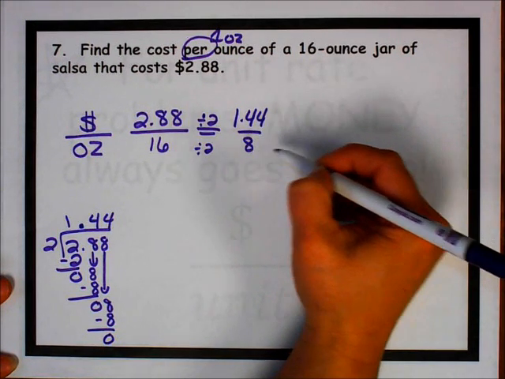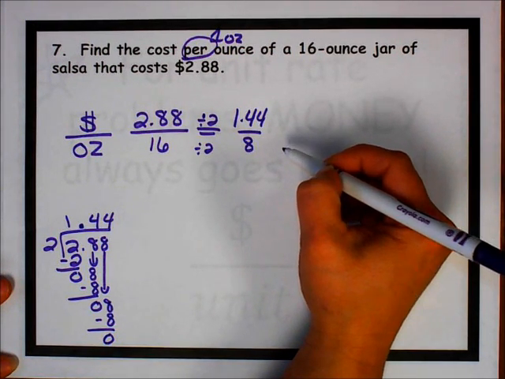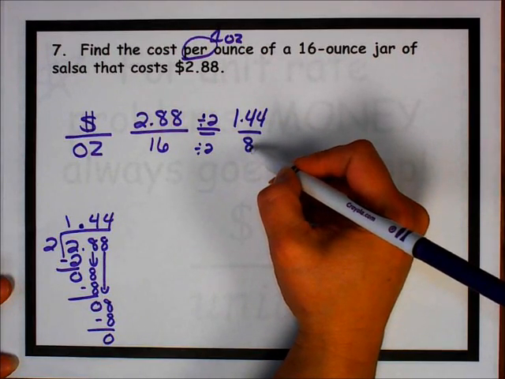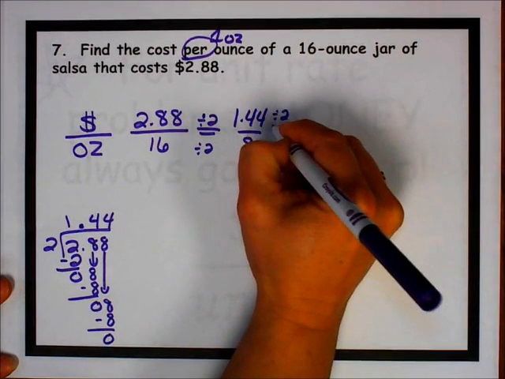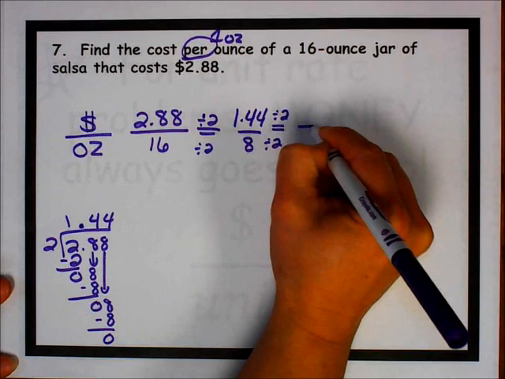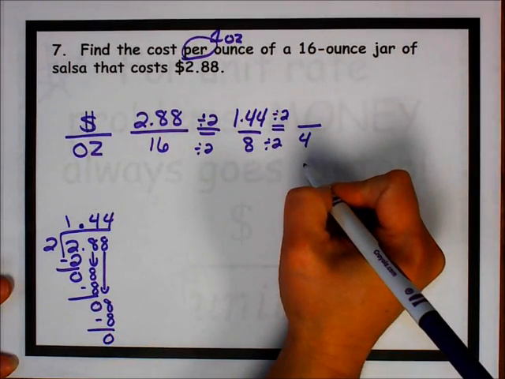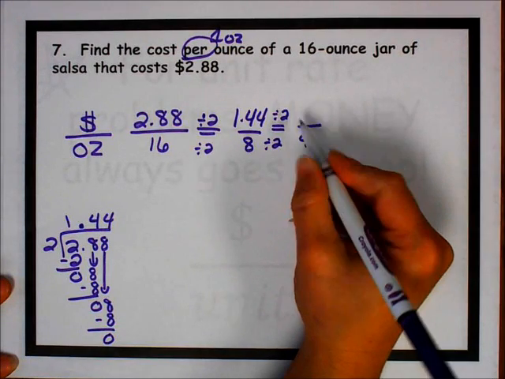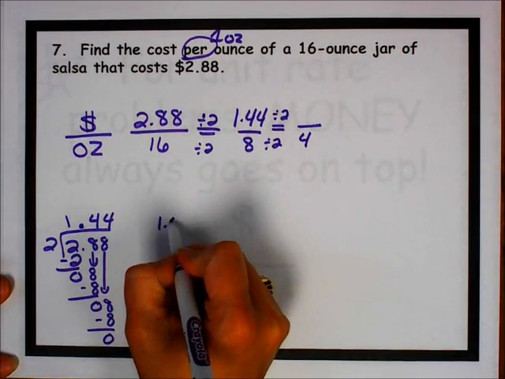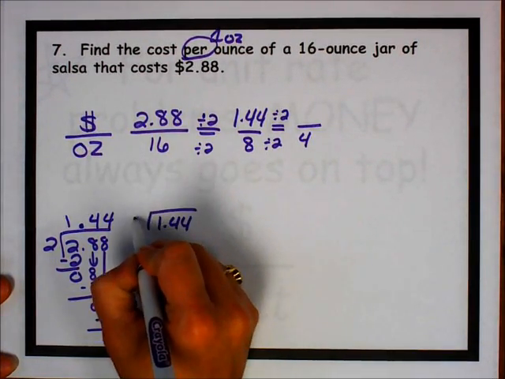Now I notice that they're both even again, so I can keep dividing because my denominator is not 1 yet. So I can divide both numerator and denominator by 2. 8 divided by 2 is 4. I'm going to come to my margin again, and I'm going to divide $1.44 by 2.